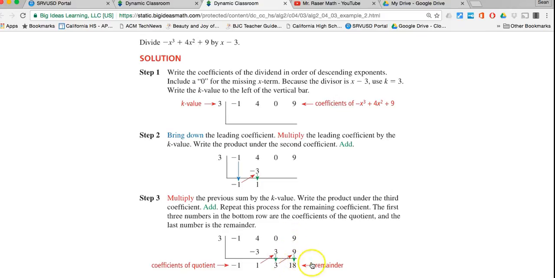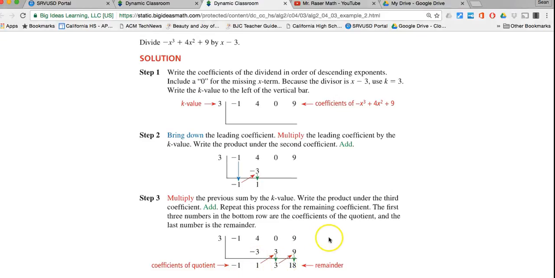Now, this is where you're going to get the solution right here. We know that our quotient is going to be something to the second power because we're dividing x cubed by x. So to turn x into x cubed, it's going to have to be x squared. So all we do here is these are the coefficients of our quotient right here.